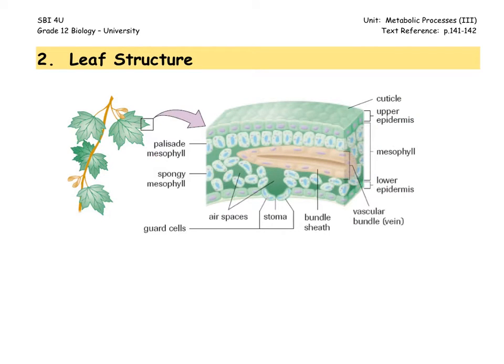Below that, we see what's referred to as the spongy mesophyll. Spongy, think like lots of little air pockets, and that's exactly what this layer of cells resembles. In between that, you might see some sort of vascular bundle.